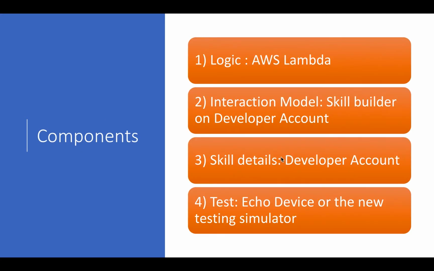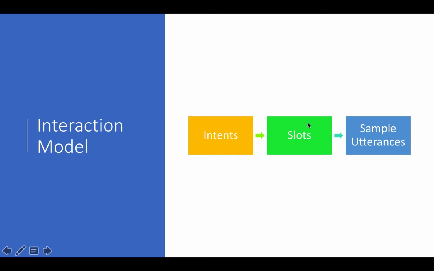Now the number 2, interaction model. The interaction model is, you could say, like the front end of the Alexa skill, right? Just like you go to a web page and you click on various menus and all the options, drop downs, that sort of stuff.